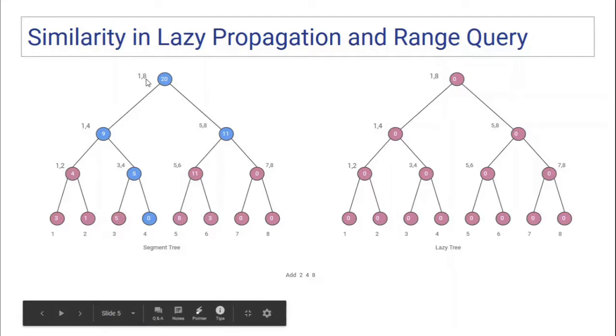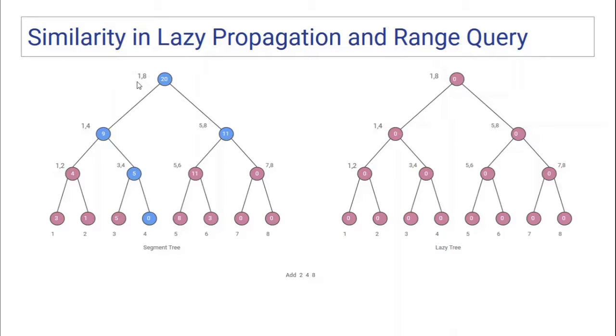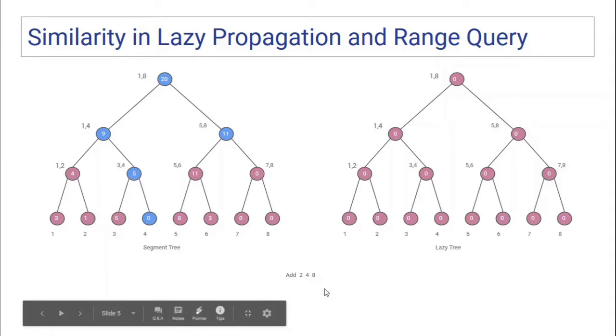Okay, so you see, 4 to 8, 1 to 8, this range doesn't lie completely inside my query range, and these two ranges, 1 to 8 and 4 to 8, overlap.